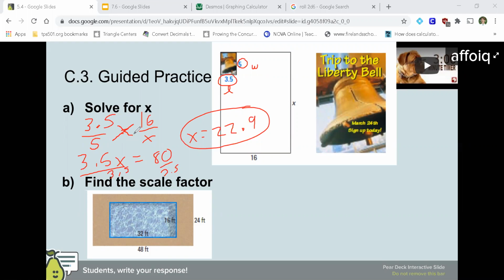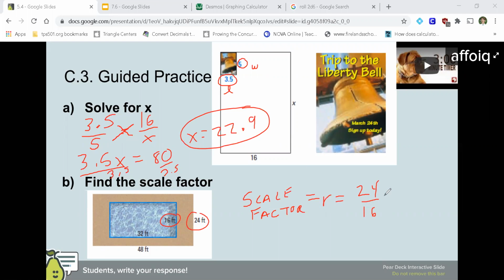All right, and then for scale factor, all you have to do is remember you pick one pair of sides and you do the bigger number divided by the smaller number. That's it. So I'm going to pick the smaller pair of numbers just because I think they'd be easier to work with. So the scale factor, which by the way, you can represent with the letter R instead of writing out the whole phrase, but you can also just write out the whole phrase, is 24 over 16.